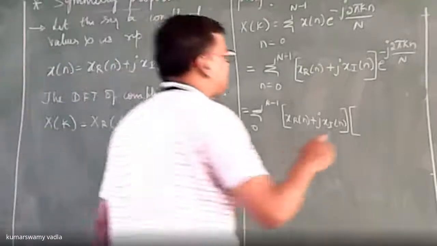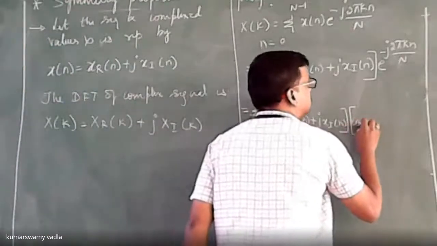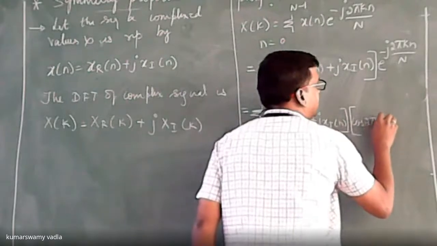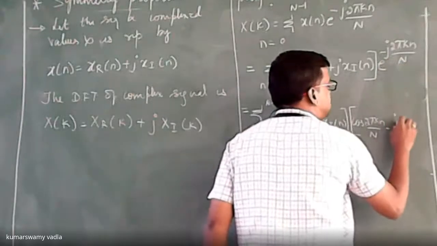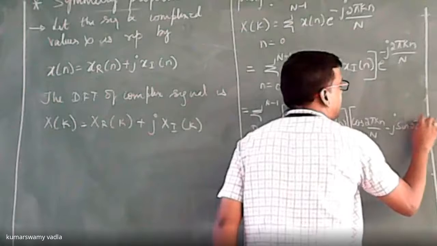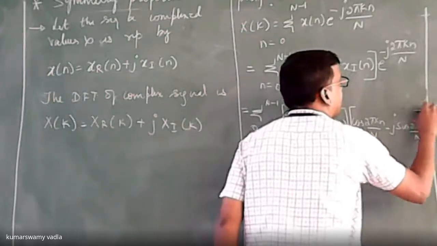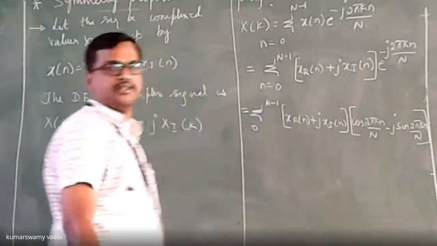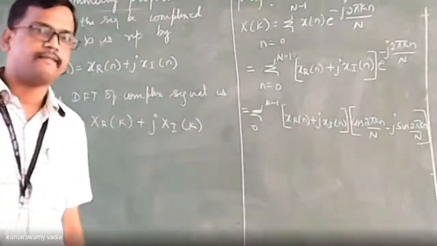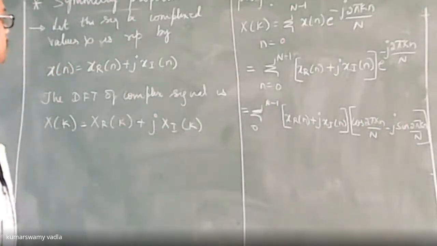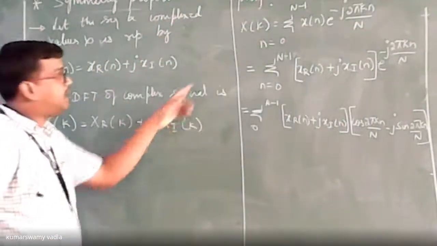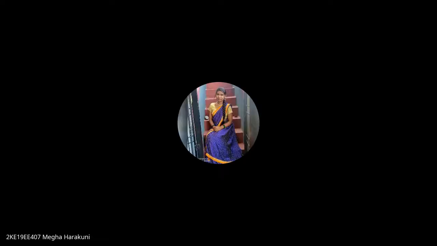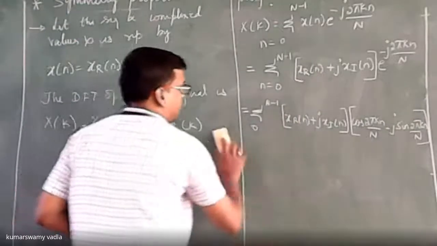What will you write here? Cos 2 pi k n divided by N. Because of this minus j, I'll write here minus j sine 2 pi k n divided by N. Is the point clear? Can't see, sir. Fine. At least have you noted down this part and this? Yes, sir. Then I will rewrite.